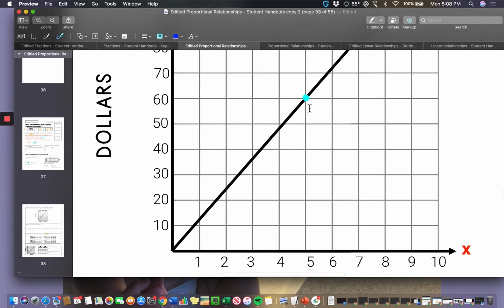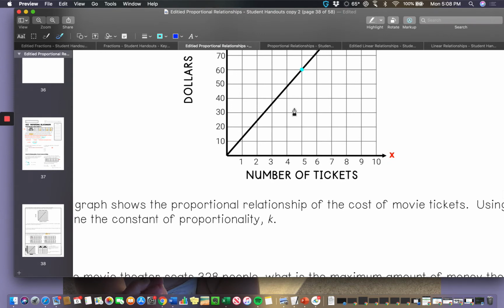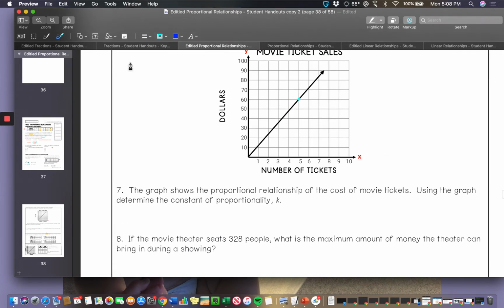So I plotted my point right there. Now, I need y divided by x. So in order to find the constant of proportionality, I have to take my y. In this case, my y is going to be 60 because I can follow my dot right over there to 60. And then I could also find my x by doing the same method and taking my dot and following it down to my x value.